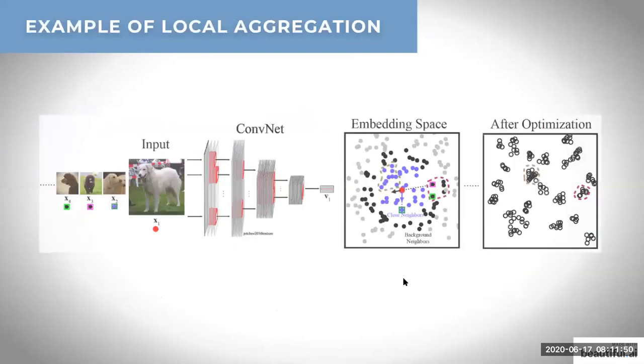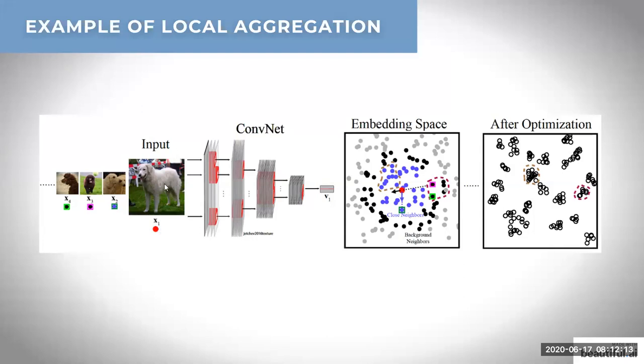So here you can see the example from the paper as well about the local aggregation, but this is what Hossein already explained before, based on a real image. So here you can see that on the input, we have an example image, which is shown in this embedding space by a red dot.